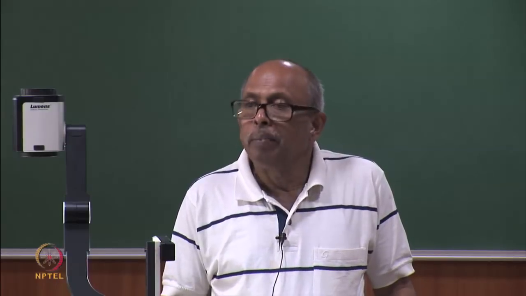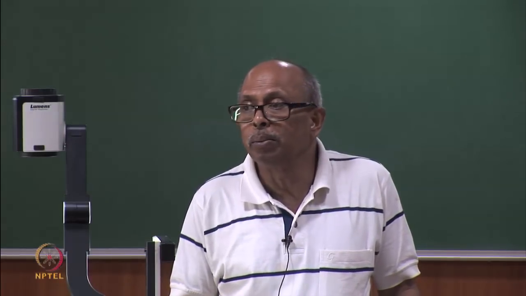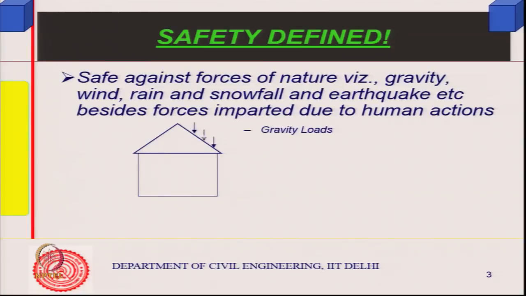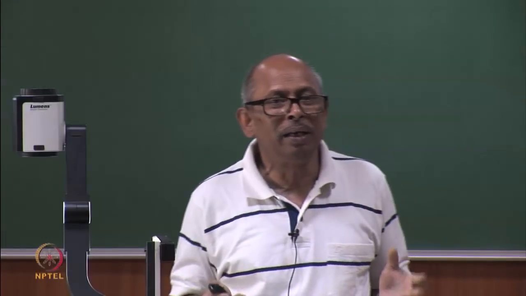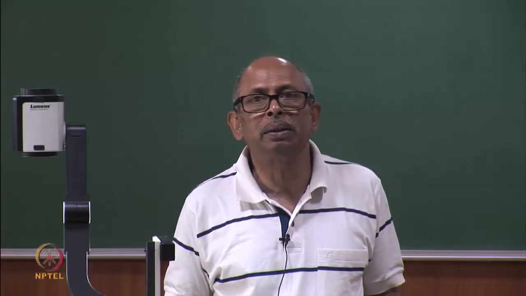Because of human actions, load can also be there. So, if I show it schematically, most of them are gravity loads, and there could be horizontal load as well because of earthquake and wind, and it must be safe against all these forces. So, that is the safety, and we are not discussing this in this course. You already have so much elaborate understanding of the same. So, we will not discuss this.